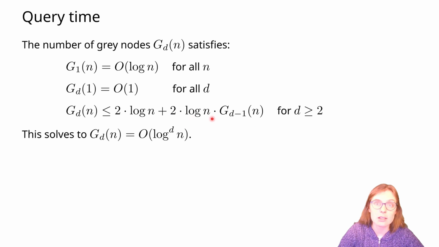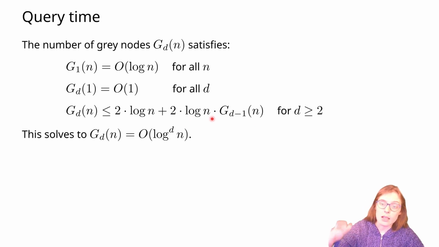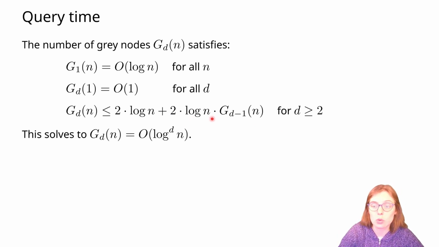The 2 log n is the maximum number of the highest black nodes on which we do this call to the d minus 1 dimensional associated range trees. This solves to the number of gray nodes touched by a query on a d-dimensional range tree to be big O of log to the d of n.